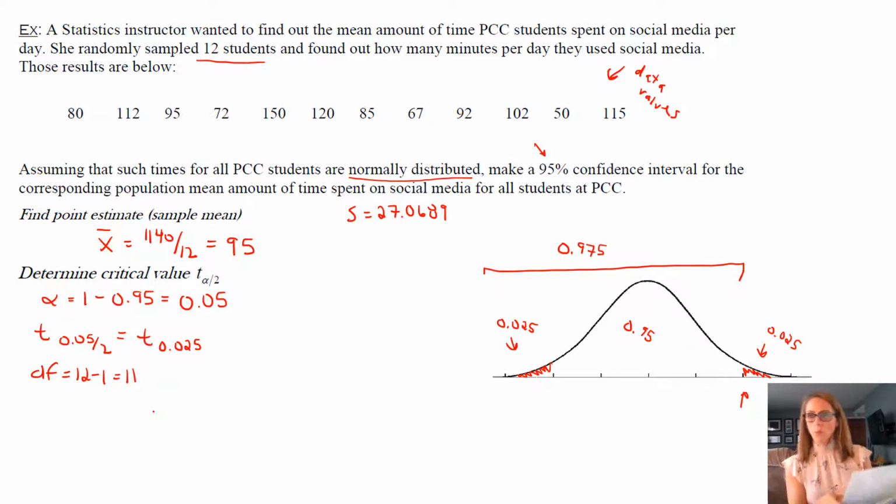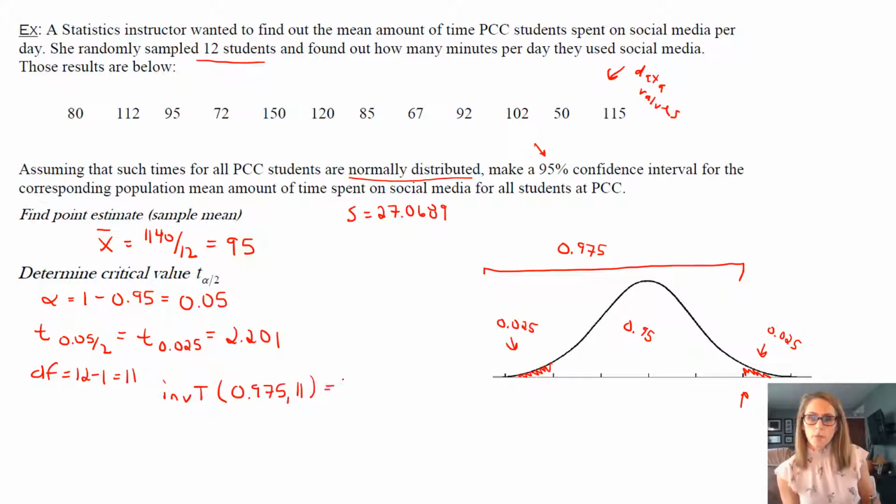So I see 2.201. See if you see that as well. You can also do this by using inverse t and doing 0.975 with 11. That will also give you 2.201 on the graphing calculator.